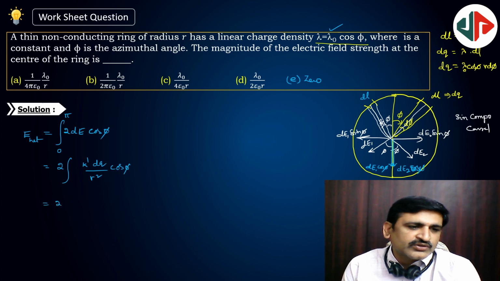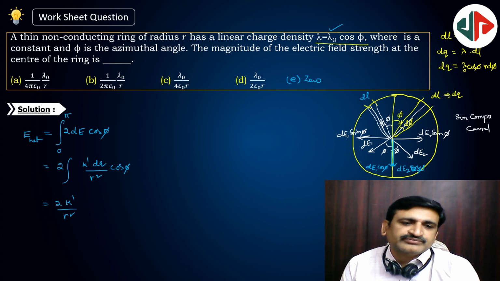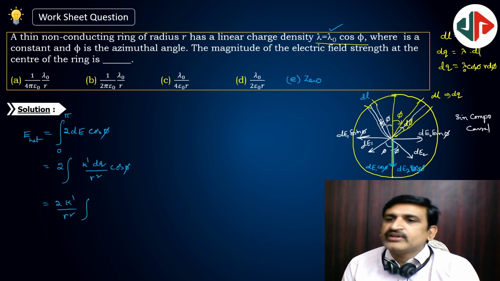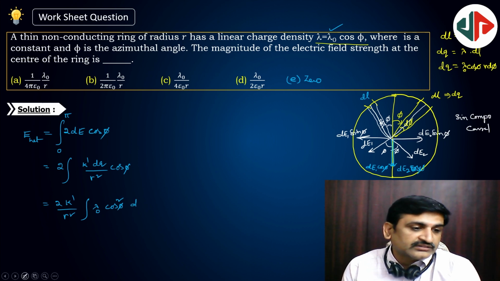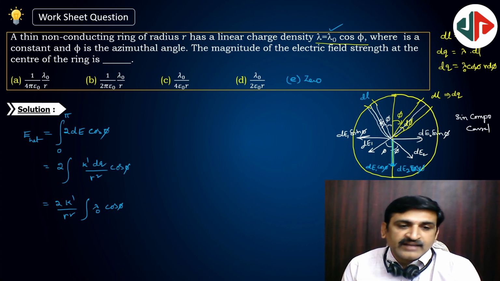So 2 k dash by r square is invariant, and inside the integral is dq, lambda naught cos phi, and one more cos phi, cos square phi, and r d phi. I'll write the entire thing: lambda naught cos phi r d phi into cos phi, with r square taken out. d phi is the operator, cos phi is the variable. So 2 k dash lambda naught cos square phi will be inside.